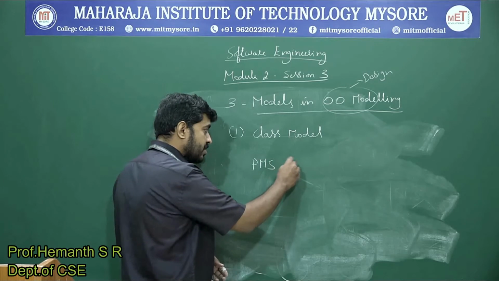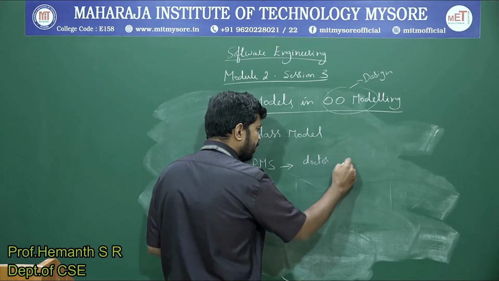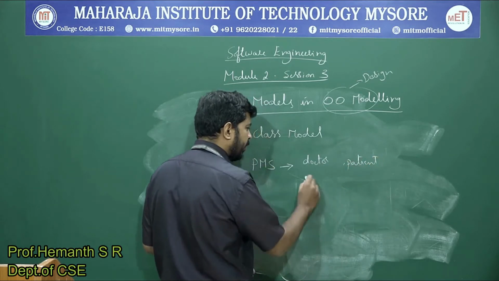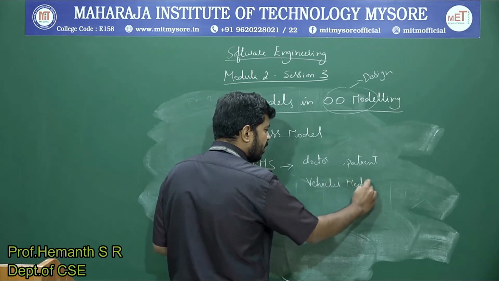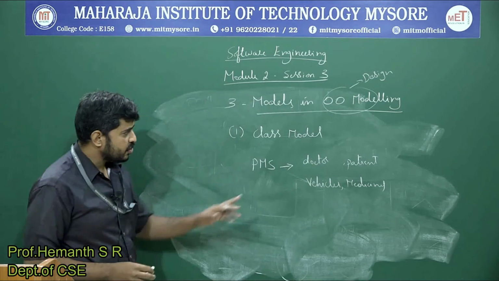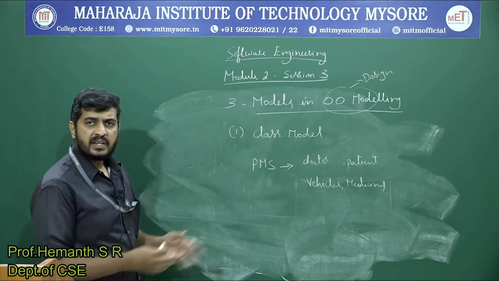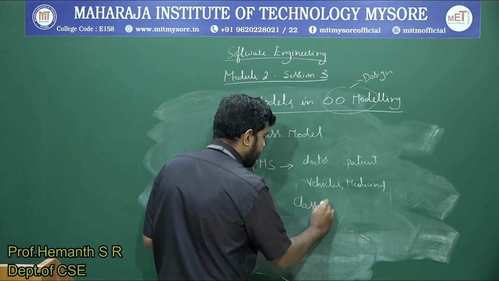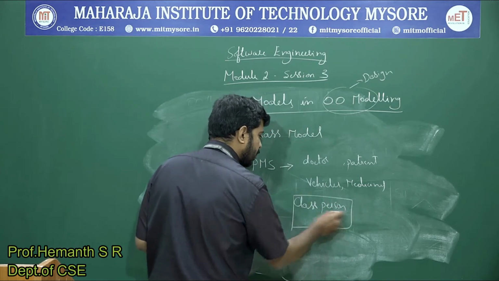In the patient monitoring system, the real world objects were doctor, patient, okay, maybe vehicles, medicines. Once you identify the real world entities, we created the class. For example, class person. We created this class person.